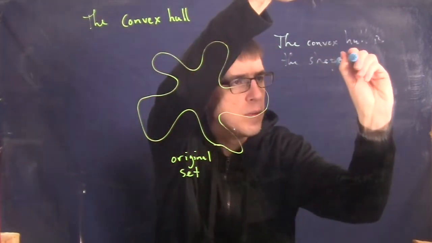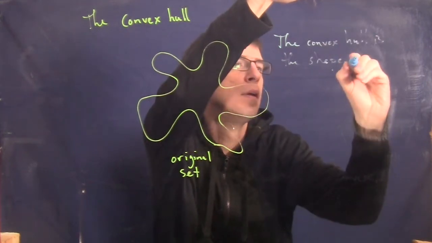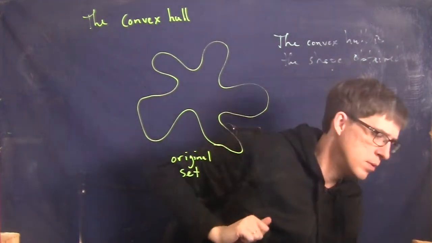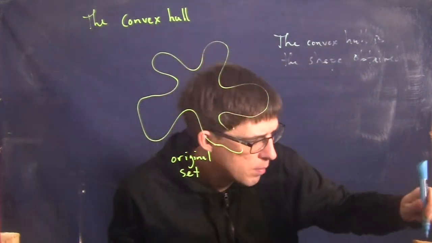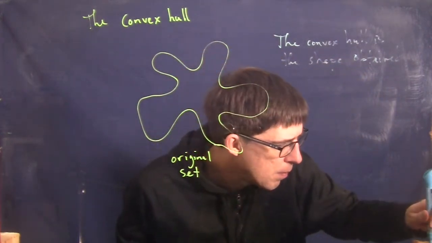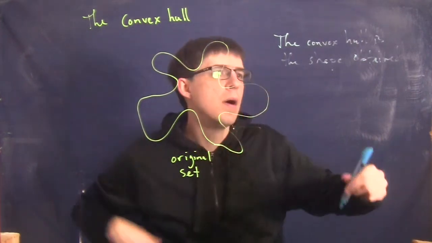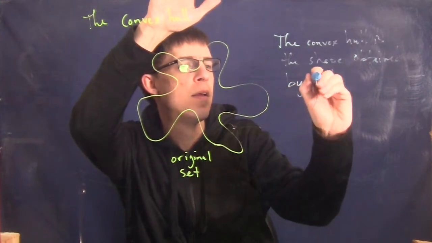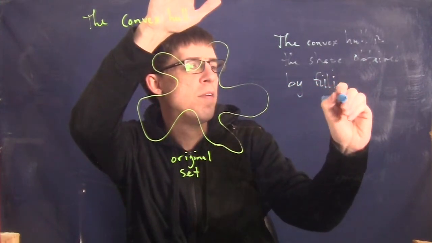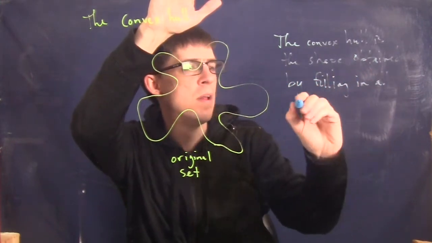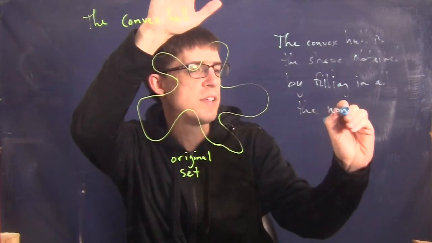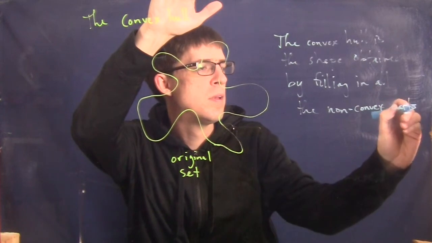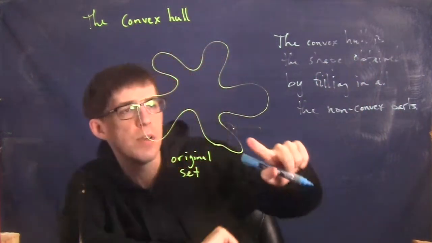The convex hull is the shape obtained by filling in all the non-convex parts. Fill in all the innie parts of the shape, right?